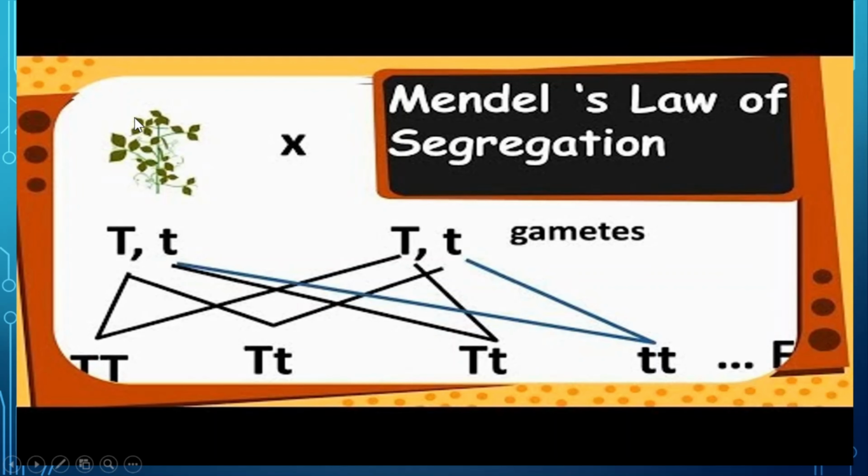This figure is showing the second law of Mendel, that is the law of segregation. Segregation means separation. Here, during gamete formation in the F1 generation, both the alleles were separated and enter independently inside the gametes, and they fuse. So it is done in selfing, that means both the parents are coming from the F1 generation. We can see here three types of offspring. One is purely tall, that will appear tall.